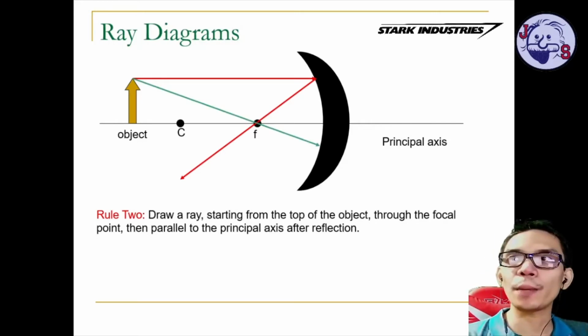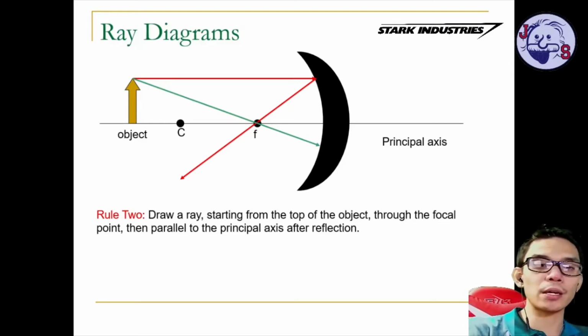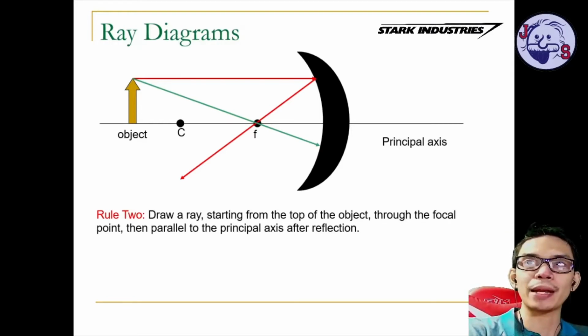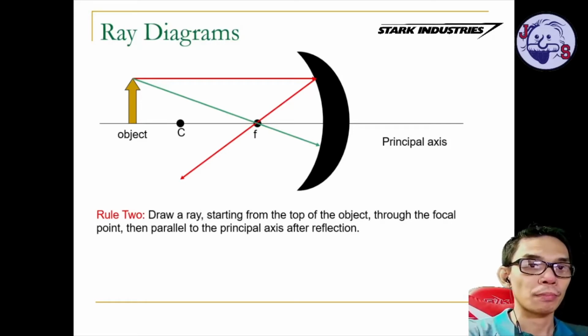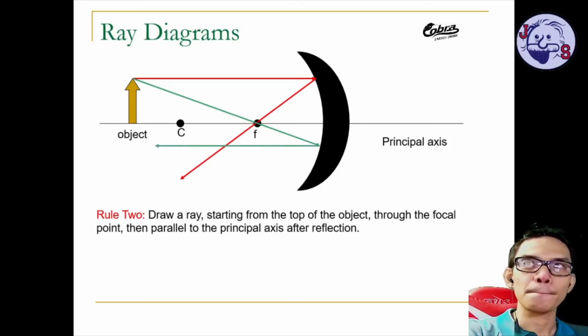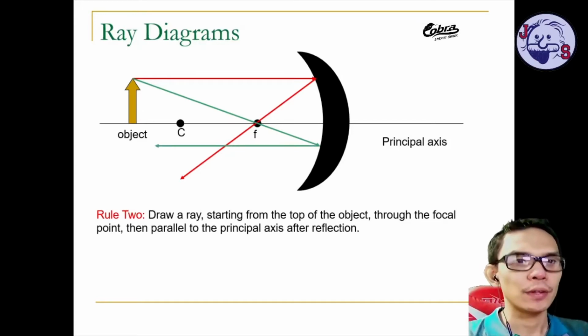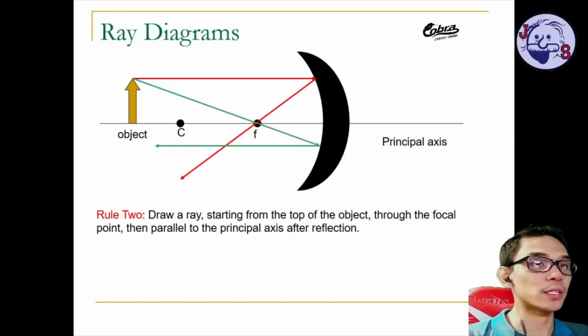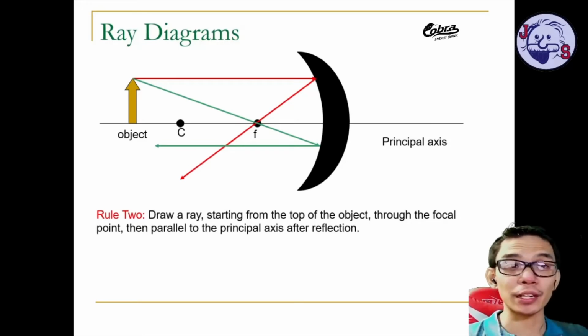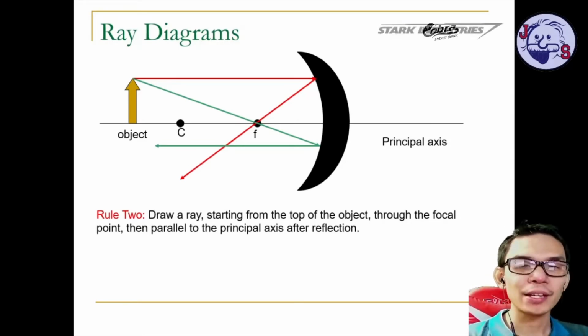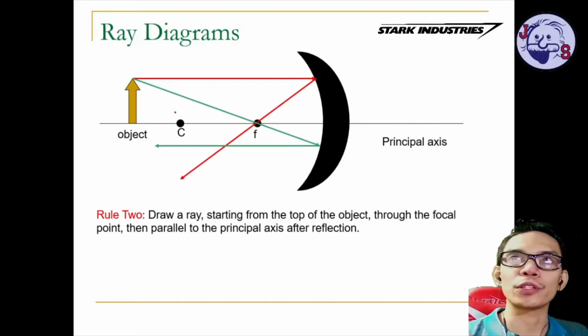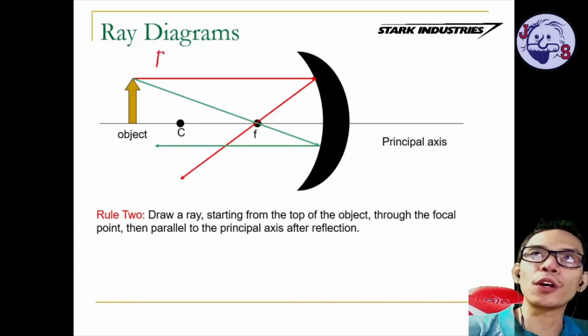Through the focal point. Then the next one is parallel to the principal axis. There you go. What do you notice? There are two lines that are intersecting already. The green line that we have drawn is called the focal ray.